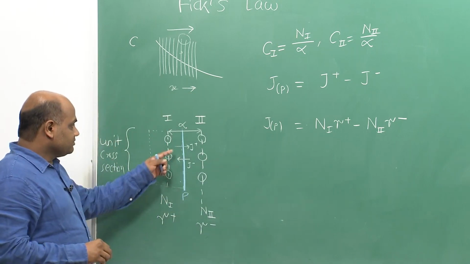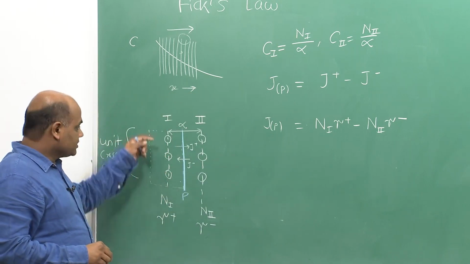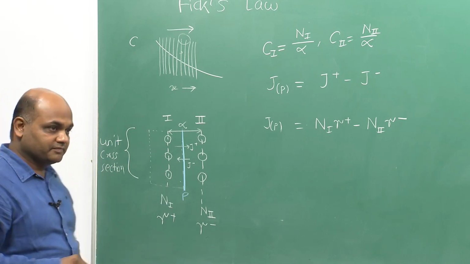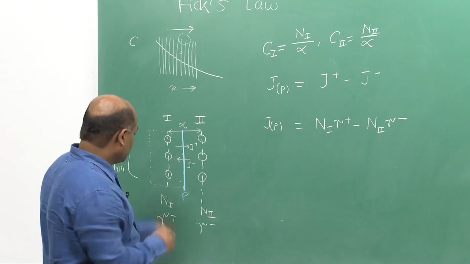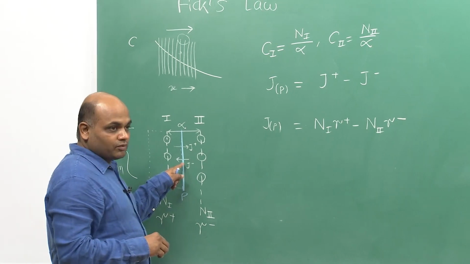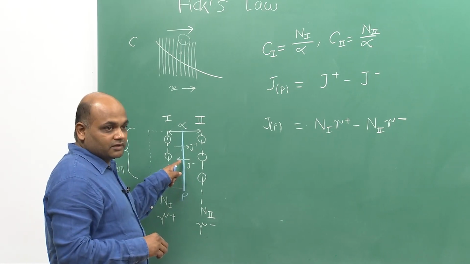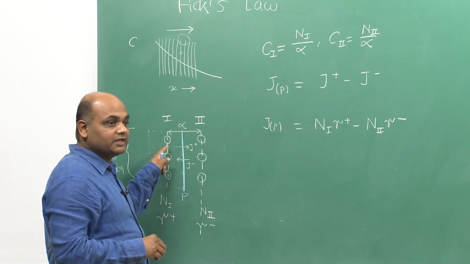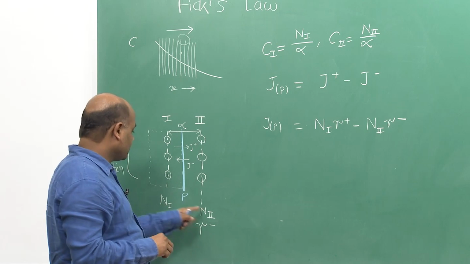Now, if I assume the gradient in number of atoms to be continuous, then I can know the number of atoms per unit area on this plane P by knowing the gradient, because I know n 1 and n 2.